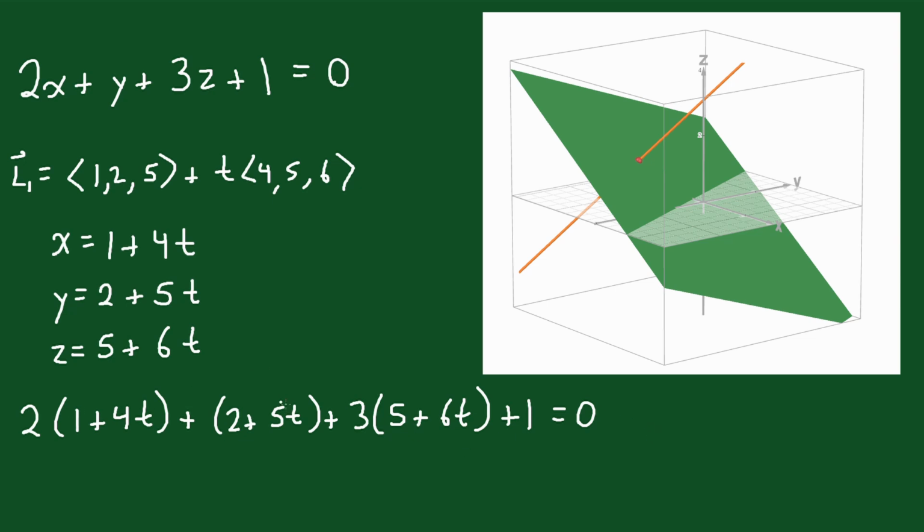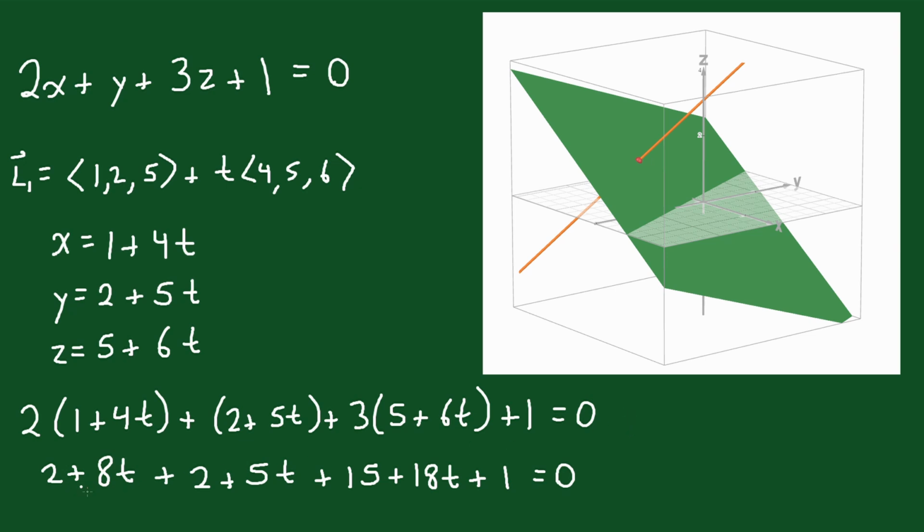Now we're going to expand all these brackets. 2 times 1 is 2, 2 times 4t is 8t, so 2 + 8t. This bracket just stays the same, there is no coefficient in front of it. Over here we have 3 times 5 is 15, 3 times 6t is +18t, plus 1 is equal to 0.